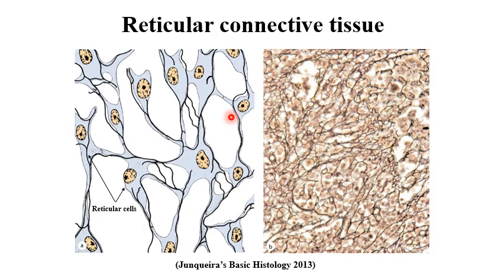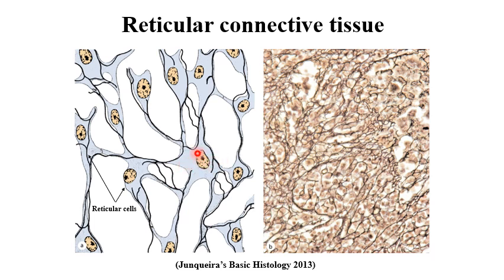Reticular connective tissue is a specialized type of connective tissue. In this tissue, type 3 collagen fibers form a delicate network to support various cell types. Reticular fibers are produced by a specialized type of fibroblast called reticular cells.